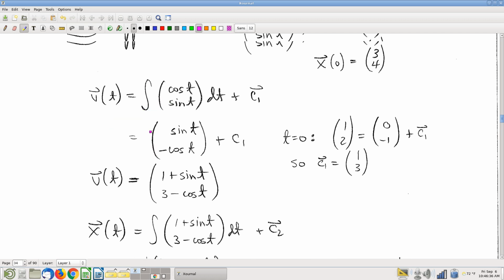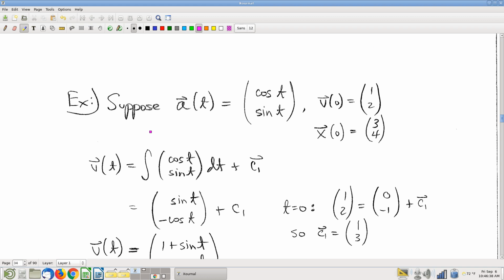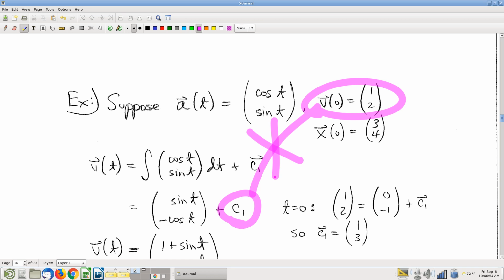The other thing I want to point to, and this is a huge problem with Math 212 students: don't just assume that the integration constant is the initial condition. That's not a thing. It just isn't. Now, some of y'all may be thinking, man, back in my Calc 1 class in high school, every time I solved for an integration constant, it was always the initial velocity for this part of the problem.